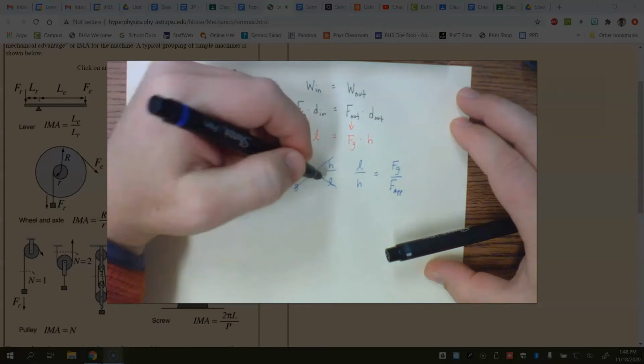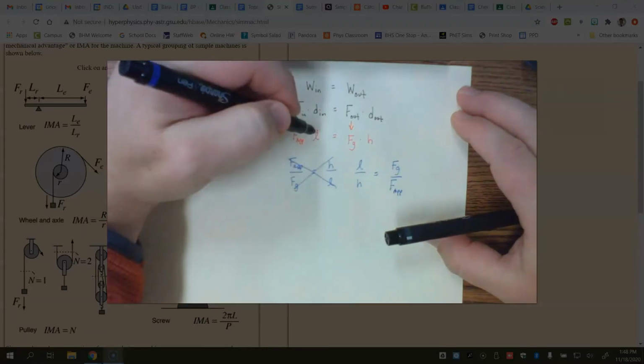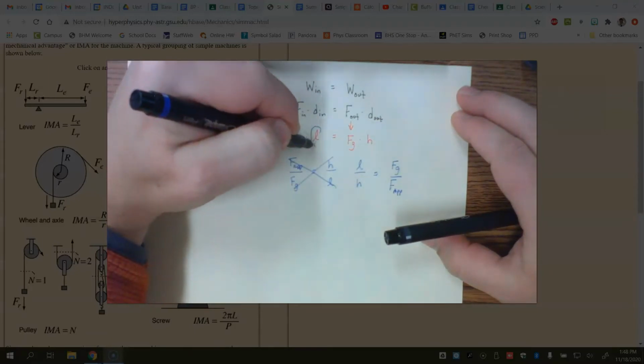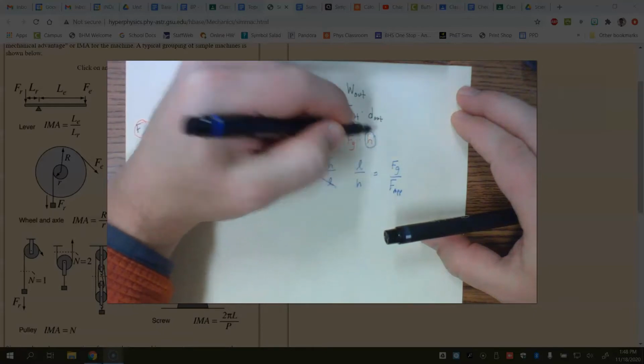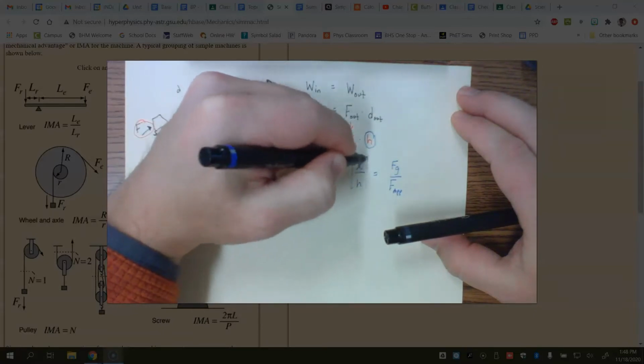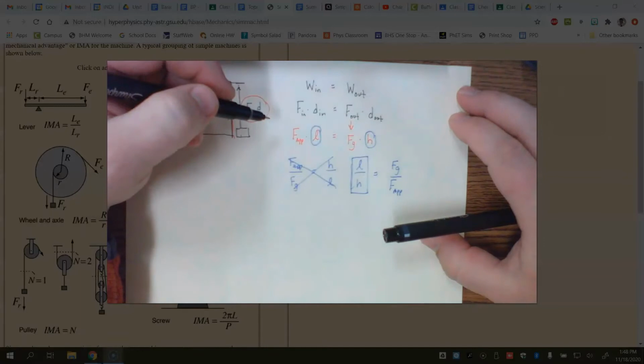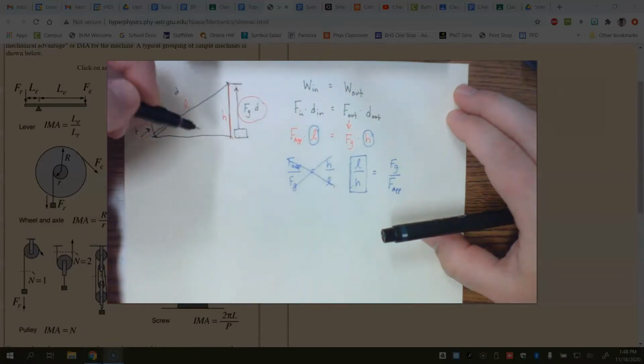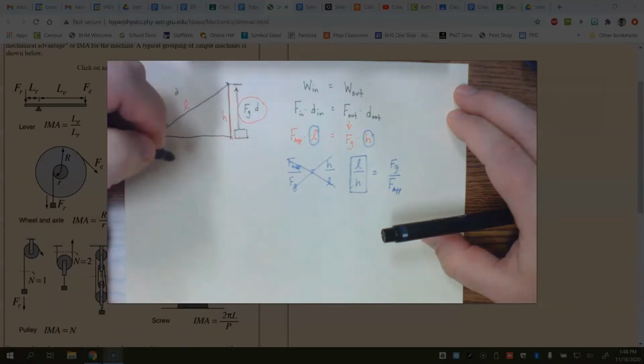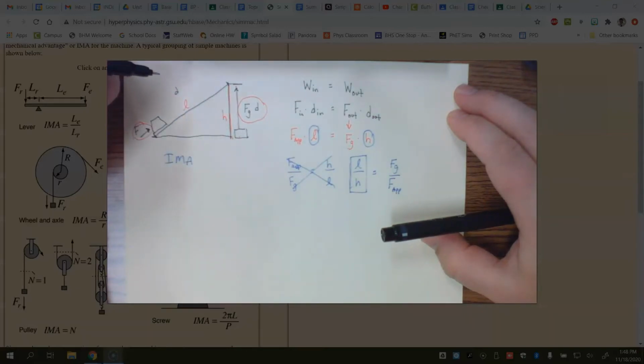And there's a reason why I switched that around. When I look at this, I know that this number is going to be bigger and this number is going to be smaller. So when I make my ratio, I'm going to make a ratio that's a number bigger than 1 for our ramp. Now this is what we call the IMA, the ideal mechanical advantage.